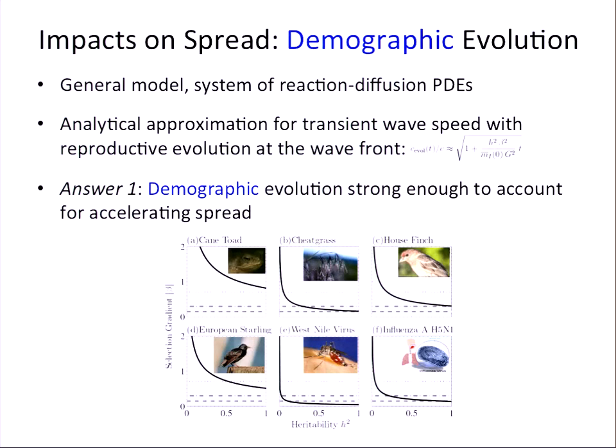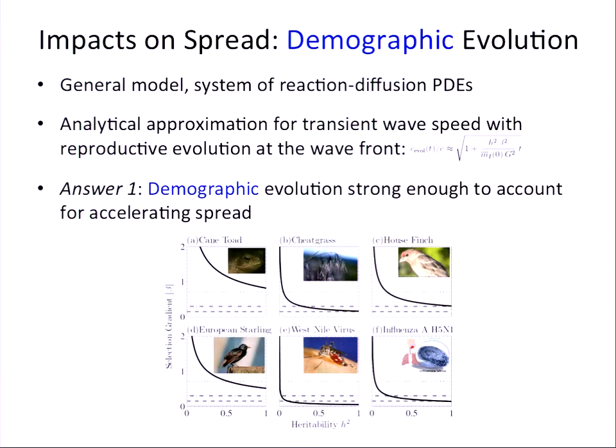I took a very general model, a system of reaction-diffusion PDEs, did some numerical analyses and so forth, but I also came up with an analytical approximation for the wave speed, which is typically nothing new, but I also had evolution of reproductive traits thrown in there and expressed in this simple formula which takes advantage of commonly estimated parameters for a population. So there's population growth rate and generation time.